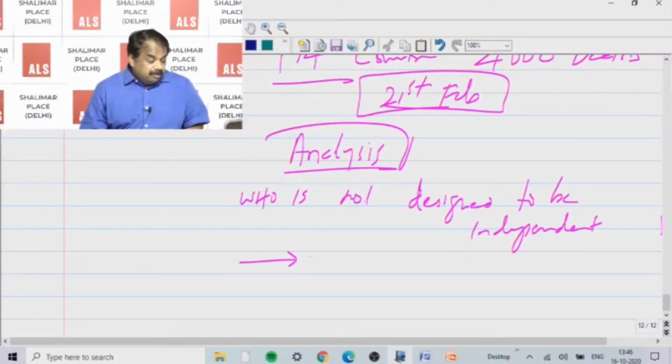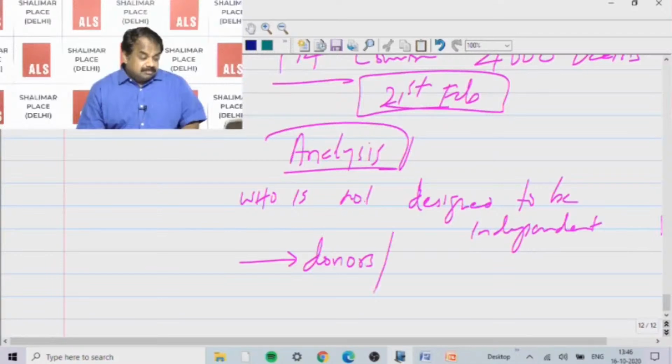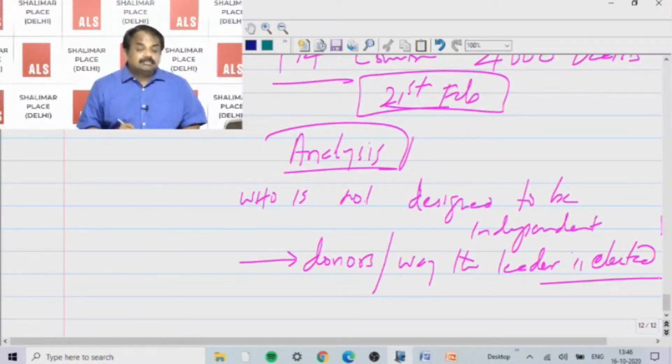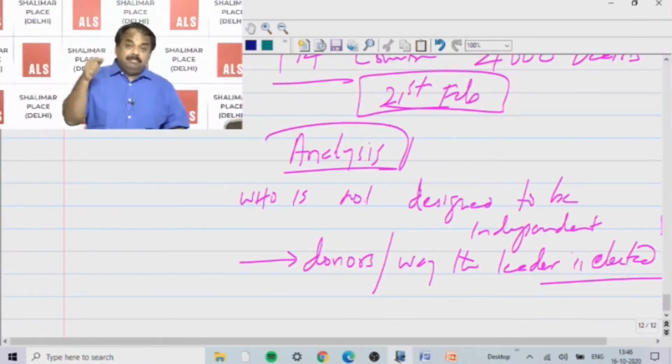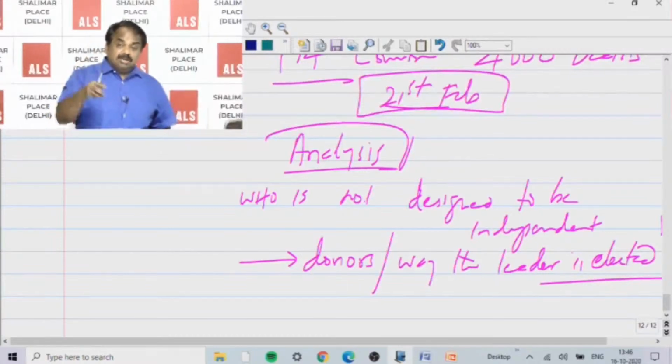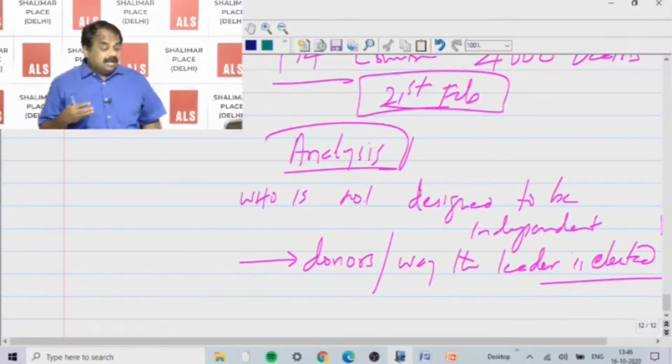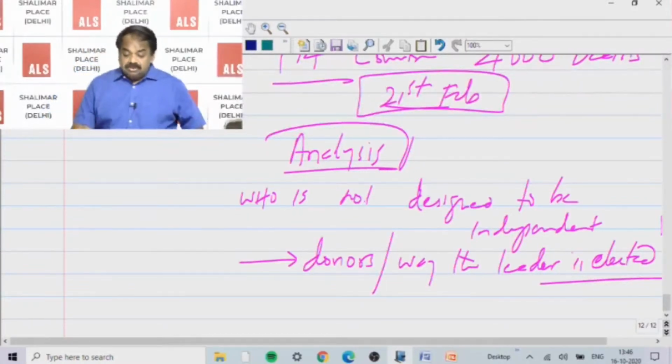The WHO is a prisoner of donors and the way the leader is elected. China could play a big role because Adhanom was elected with the support of the Chinese.